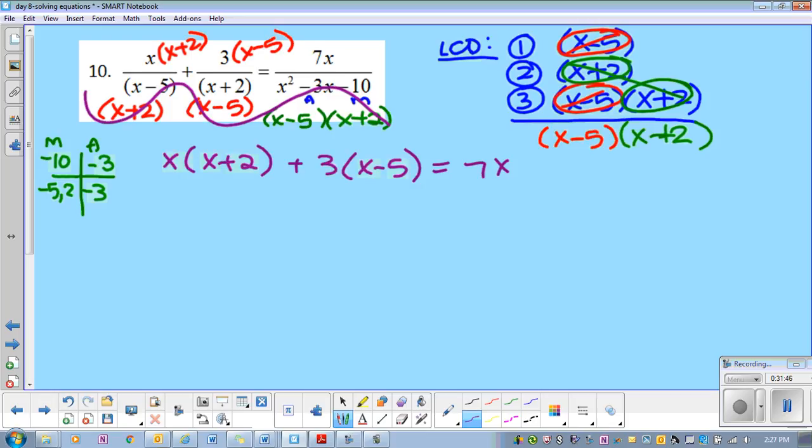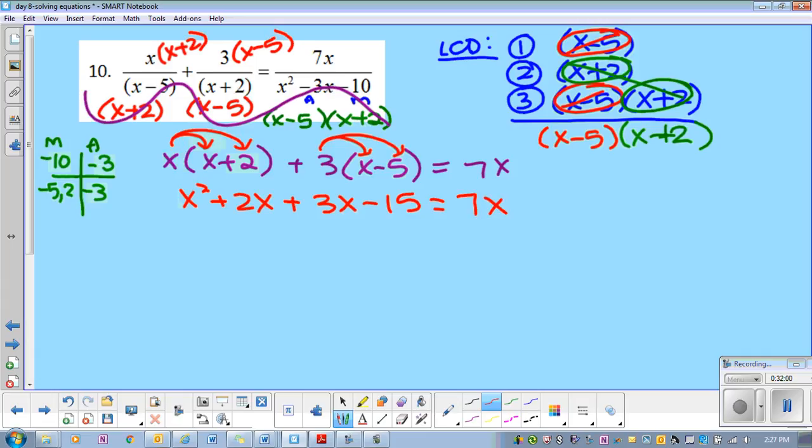What do I need to do? Distribute. Good. You do have to factor again, you're right. Because you see an x squared, you see an x, and you see a number, so I know this is a quadratic.